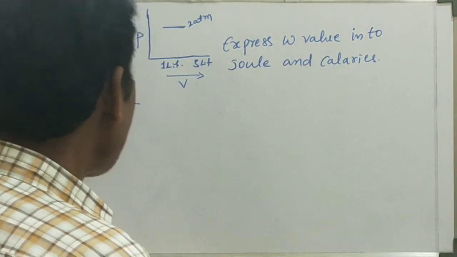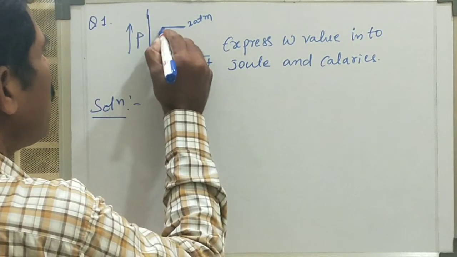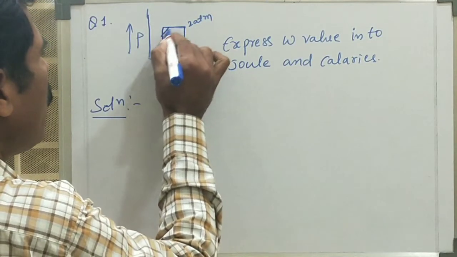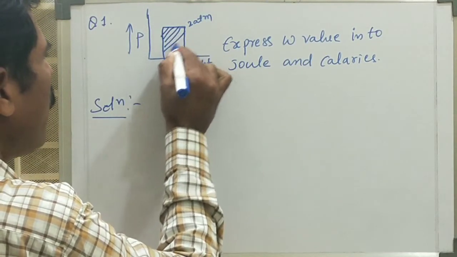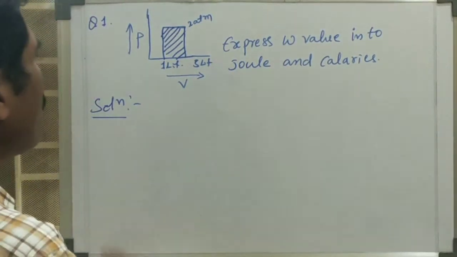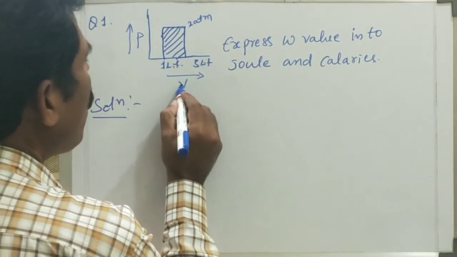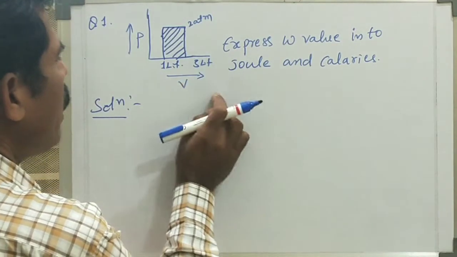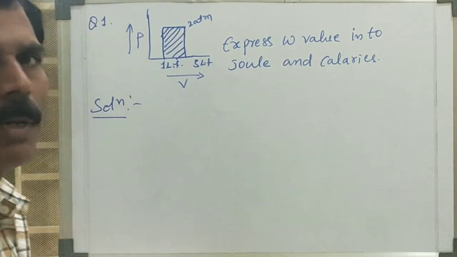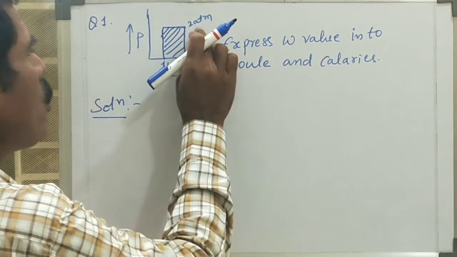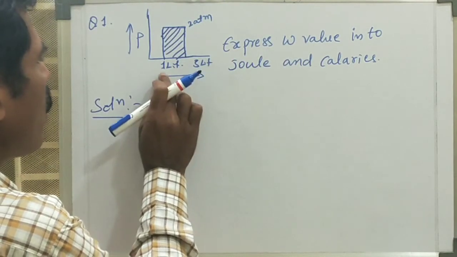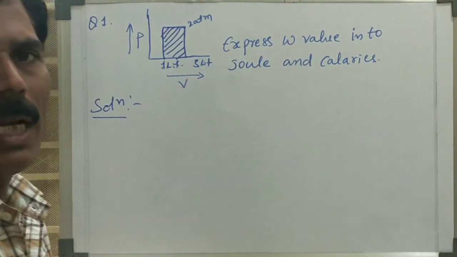This area is the work done under the curve. On the x axis they have taken volume, on the y axis pressure: pressure 2 atmosphere, volume 1 liter to 3 liters.